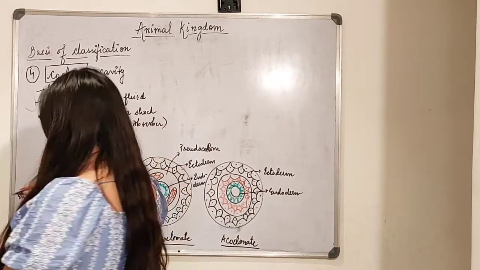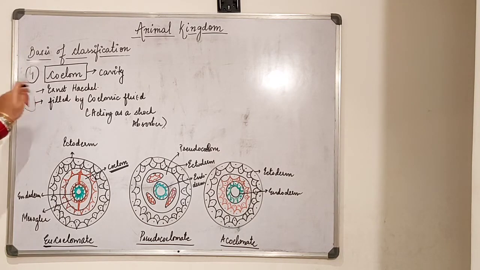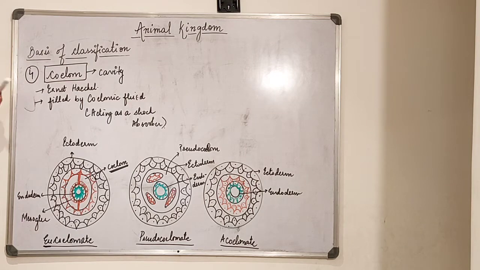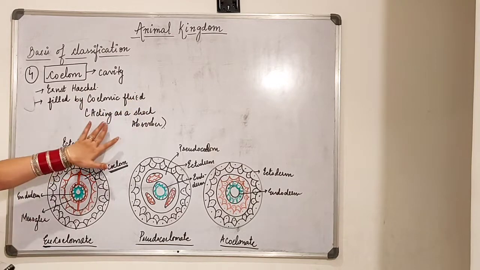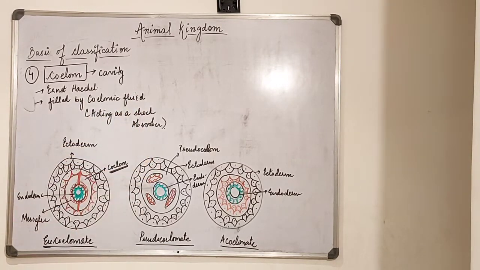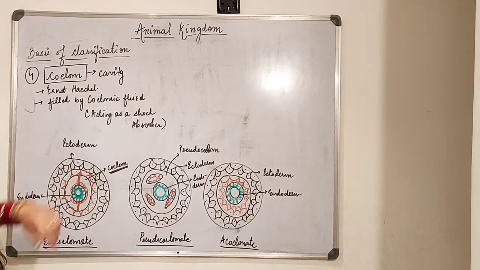Coelom is known as the body cavity. It was introduced first by Ernst Haeckel, and this cavity is filled by a coelomic fluid which acts as a shock absorber, which helps in the absorption of any kinds of shocks.